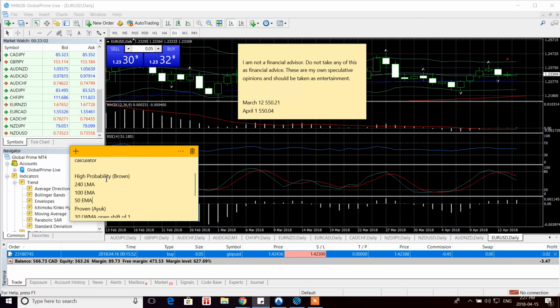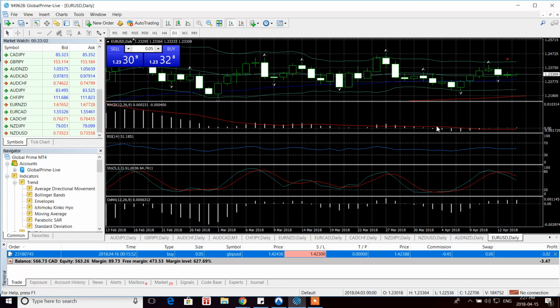So this is the brown method that we're doing here, and that's a 50 there, that's 100, and we'll go over it. This is the brown method we're going to use for finding out which trend, whether it's trending up, trending down, or trending sideways.